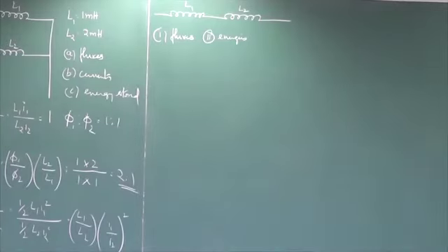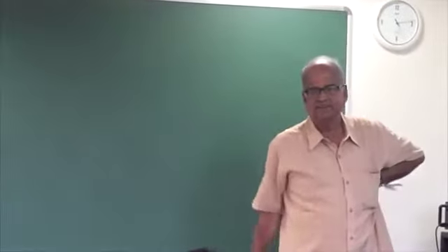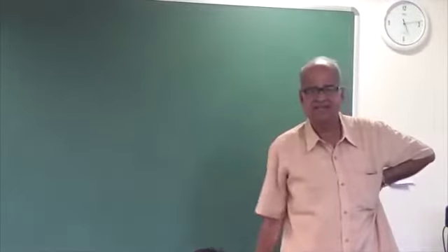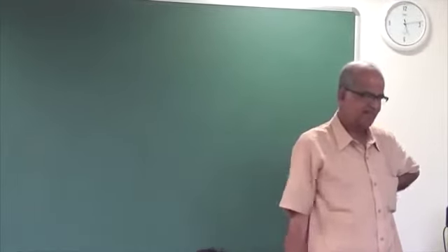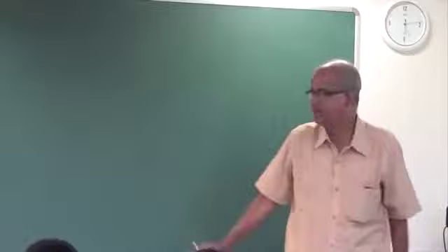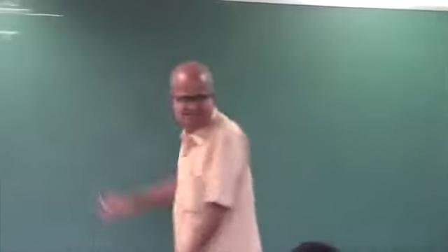Because they are in series, the same current is flowing, no? So phi1 by phi2 is L1 I1 by L2 I2. I1 and I2 are equal, so phi1 by phi2 is L1 by L2. What about the energy? Half L1 I1 squared by half L2 I2 squared. Clear? Simple problem.